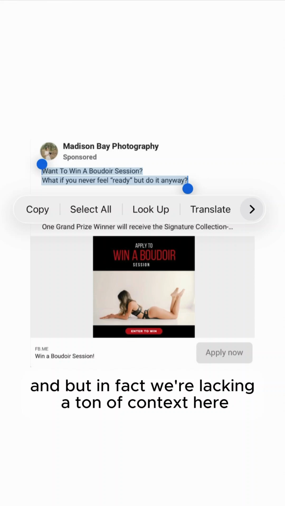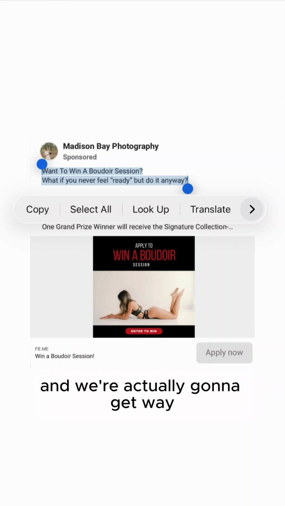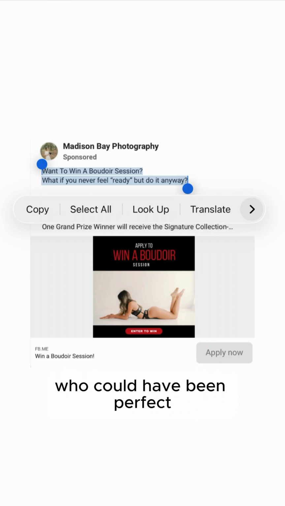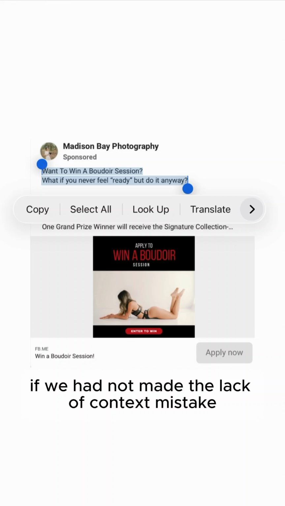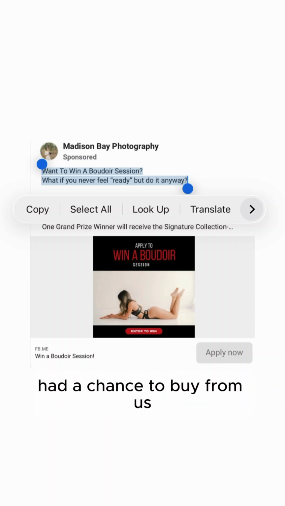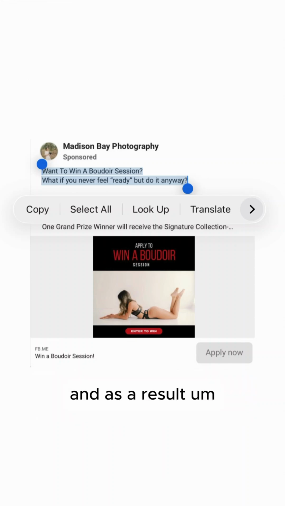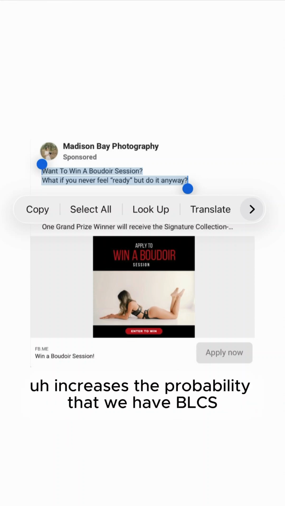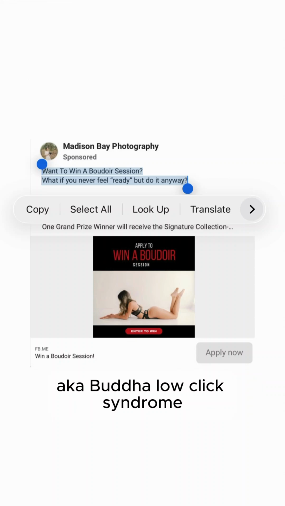But in fact, we're lacking a ton of context here. And we're actually going to get way more women scrolling by our ads than necessary who could have been perfect if we had not made the lack of context mistake and who actually would have clicked in and had a chance to buy from us. And as a result, this pulls our unique CTRL under 6%, and it actually increases the probability that we have BLCS, aka boudoir low click syndrome.